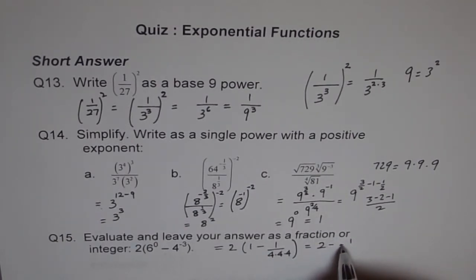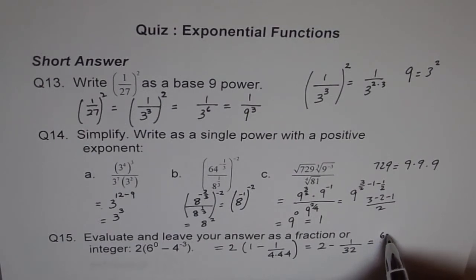That means 1 over 4 times 4, and then one of the 2's will get cancelled with this. So 4 times 4 is 16, and 16 times 2 is 32. We get 32, correct? Now, we can write this as 32 times 2 is 64, 64 minus 1 over 32, which is 63 over 32, correct?